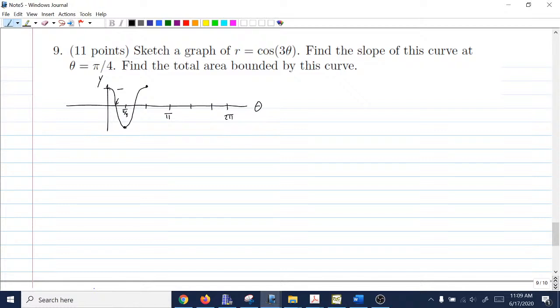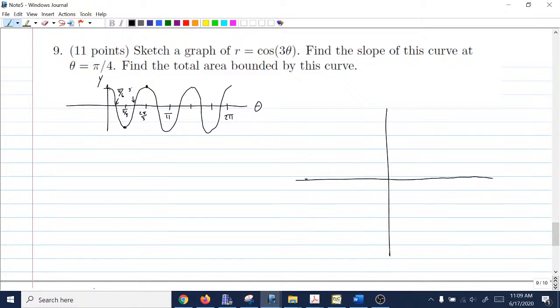And it's going to cross 0 at pi over 6, 2 pi over 6, 3 pi over... yeah, wait. So something like that. When I try and sketch this in polar, we're going to start out at 1. It's going to cross 0 at pi over 6. Let me make some sketches of this.